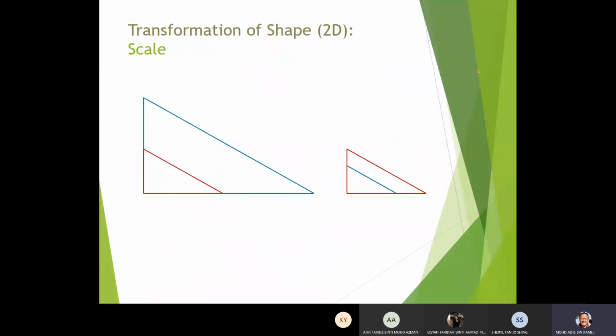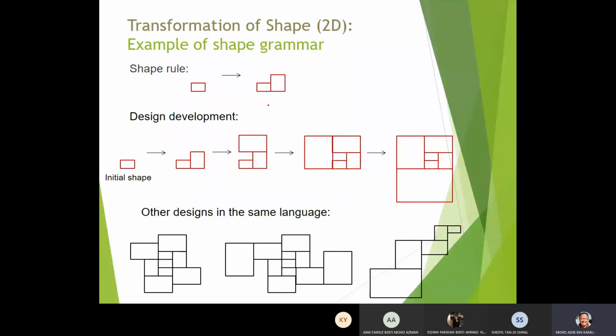Transformation of shape in terms of scale. So the red one is the original shape, the blue color is the new shape. You can scale up or you can scale down. Example of shape grammar using this kind of transformation.